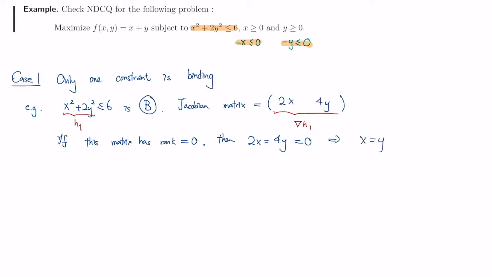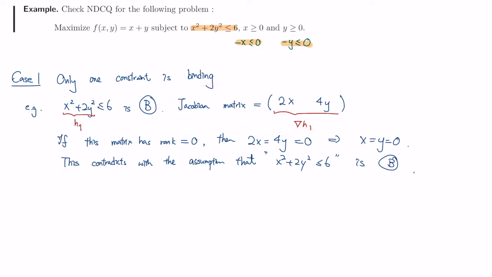That means x equals y equals 0. But is that possible? If x and y are both 0, this constraint is not binding. So this contradicts the assumption that x squared plus 2y squared less than or equal to 6 is binding. That means this will never have rank 0, so it always has rank 1.